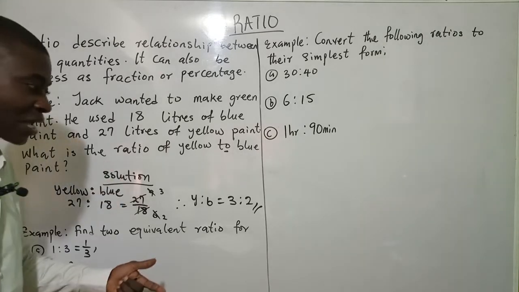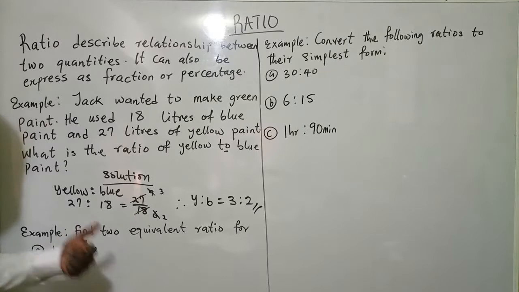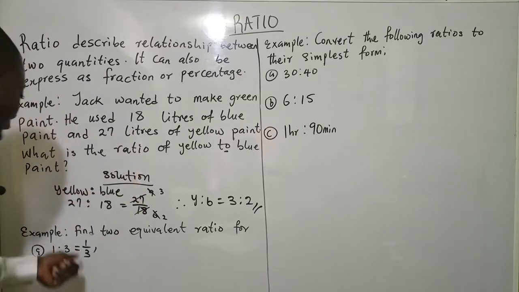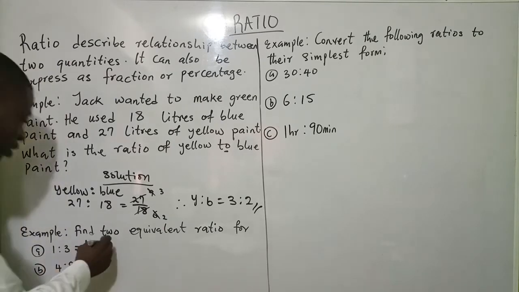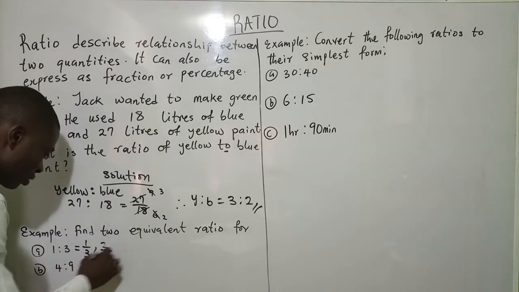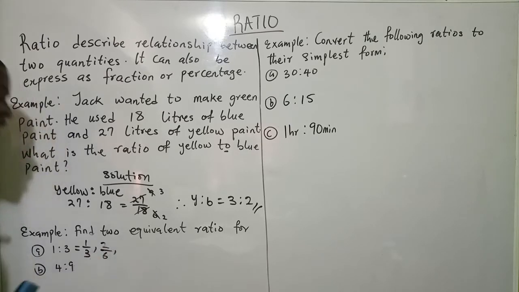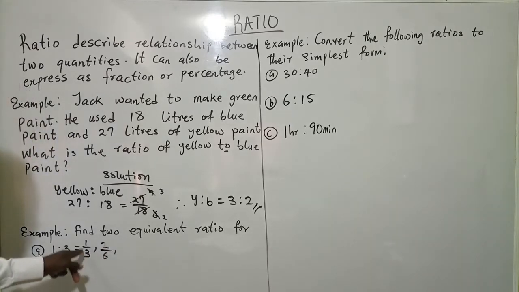For the next one, I'm going to multiply by 2. So 2 times 1 is 2, and 3 times 2 is 6. This is the next equivalent ratio to 1 ratio 3.